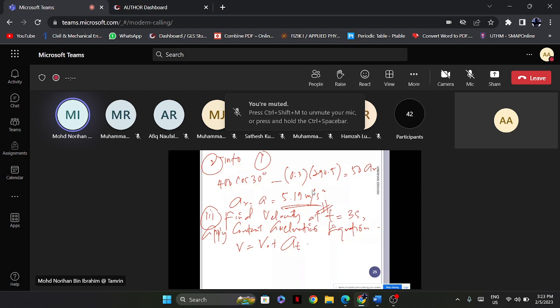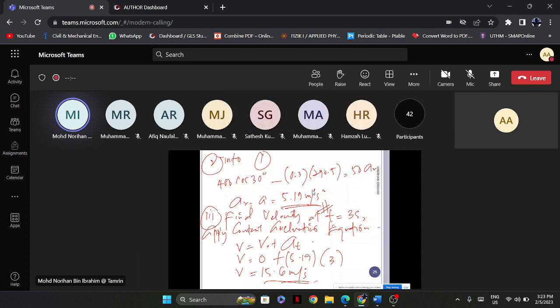So v is equal to v naught, which is 0, plus 5.19 multiplied by 3 seconds, and we can get the velocity v, which is equal to 15.6 meters per second. So that is the method of solution for example 1.